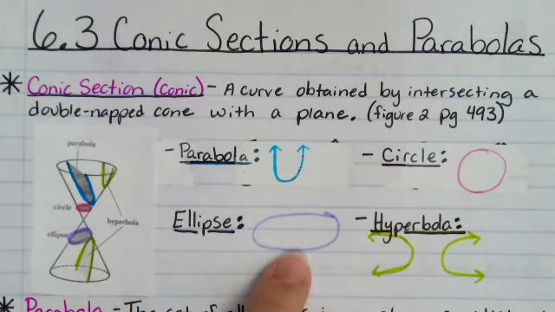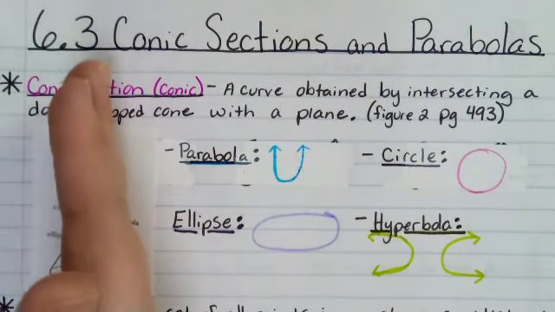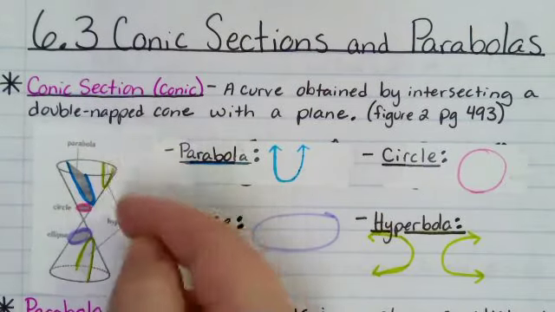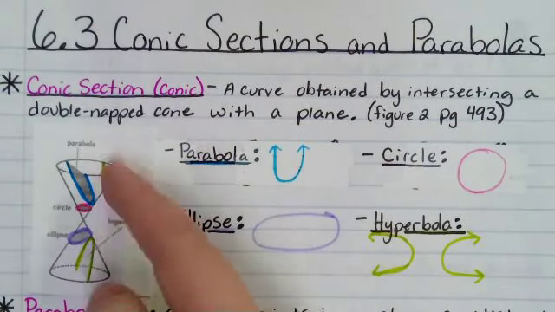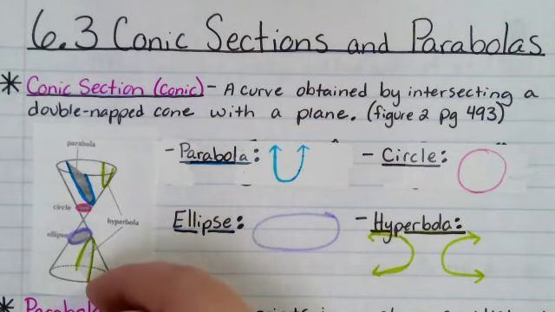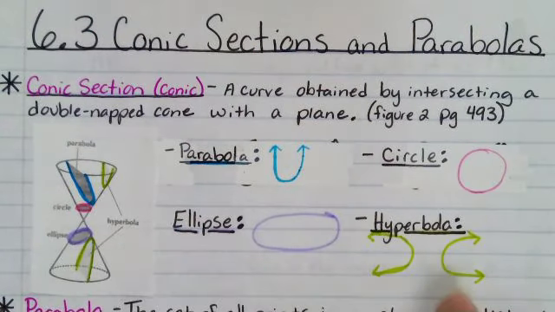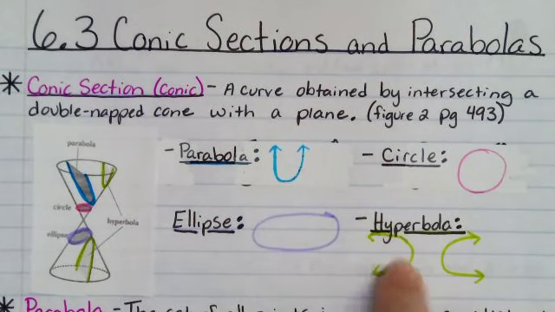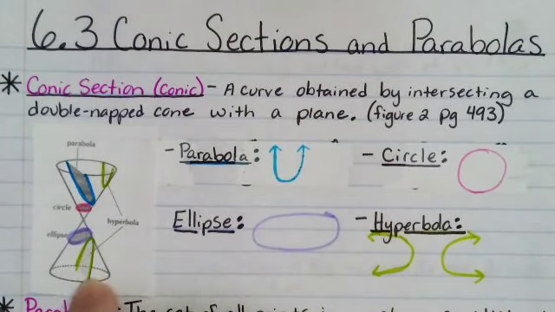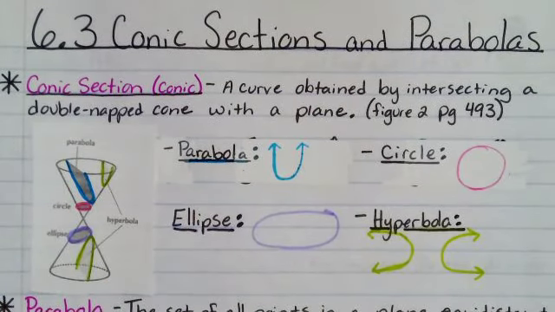It's like an oval, okay? Now, if I did this almost straight down, or even just at an angle where it hits both cones at the same time, that's when we have this thing called a hyperbola. And you see these two, they're like parabolas that are going away from each other. That's what you're seeing there. Okay, these are the ones that we are going to be studying over this section.